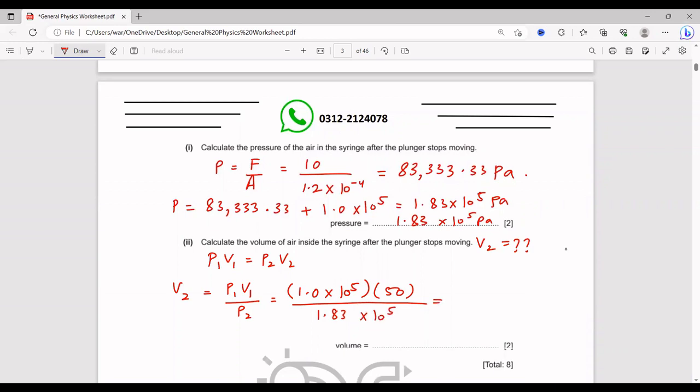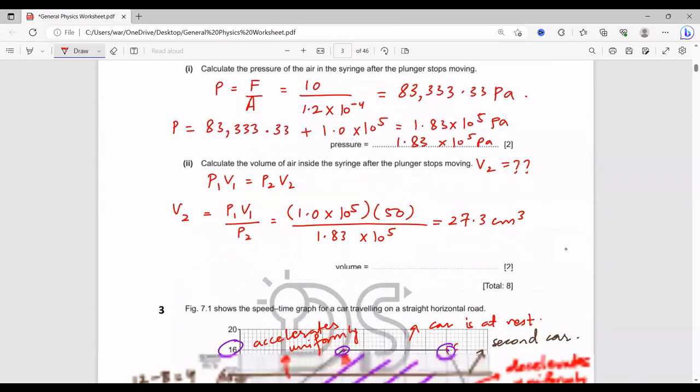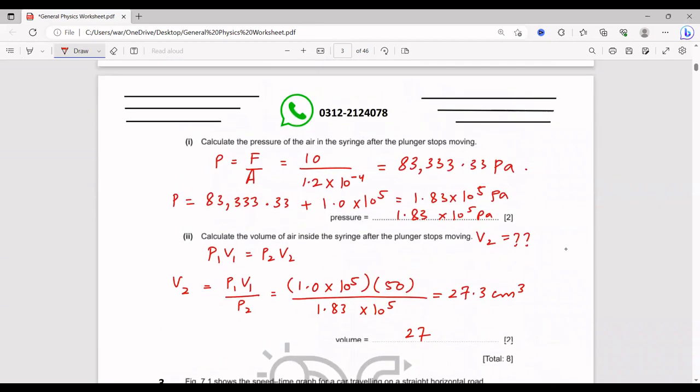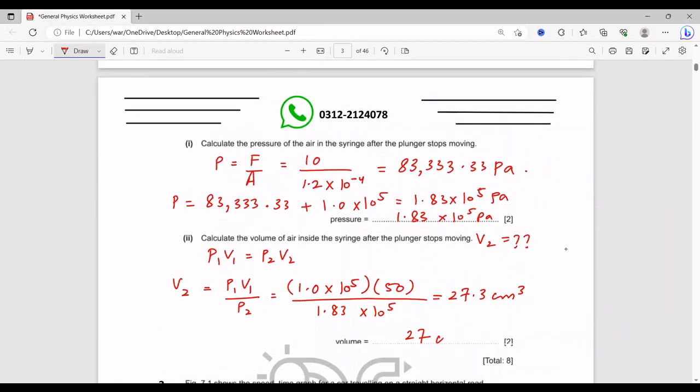Now, the final answer is 1.0 exponential 5 times 50 divided by 1.83 exponential 5. The answer is 27.3 cm3. So guys, you have to round up the value, and it will become 27 cm3.